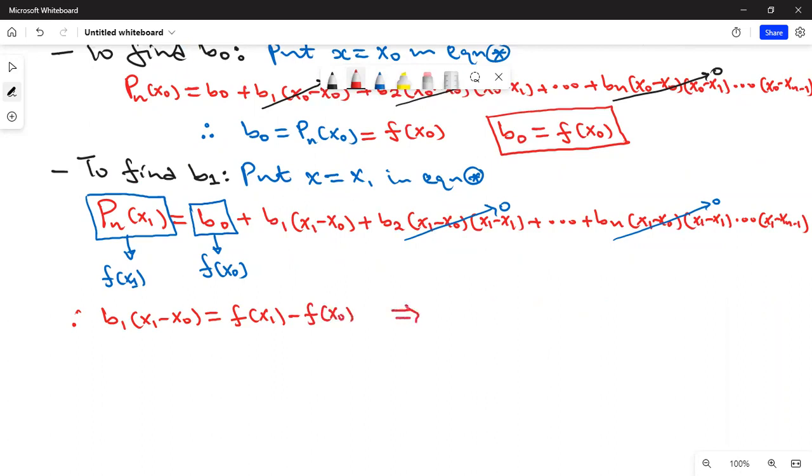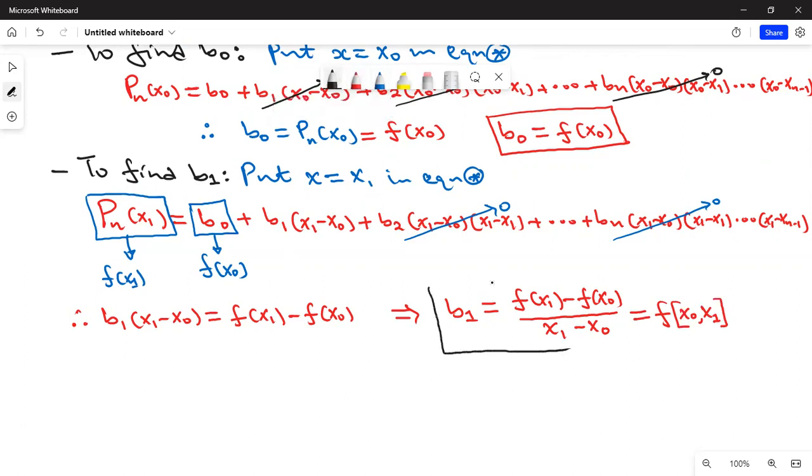This implies that b1 is equal to f of x1 minus f of x naught, everything divided by x1 minus x naught. And the abbreviation for this is f, in square brackets, x naught, comma, x1. That's how we abbreviate it.